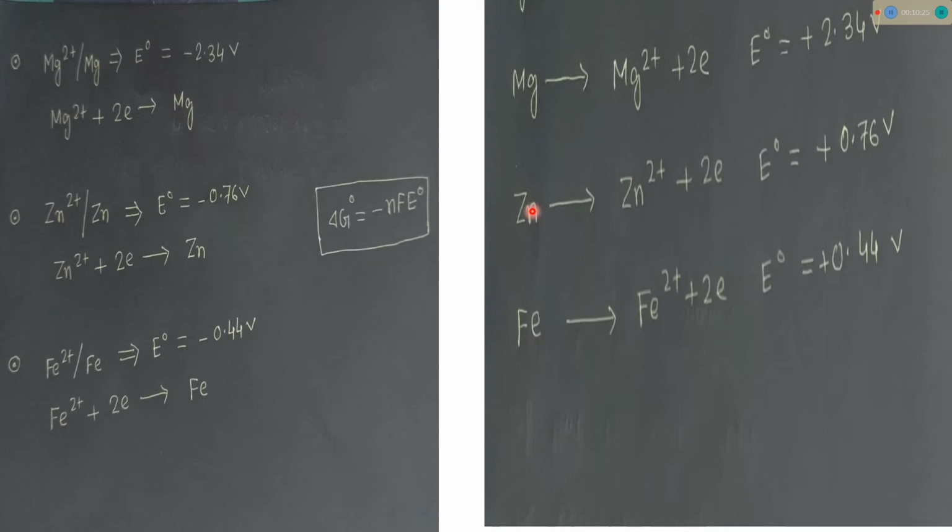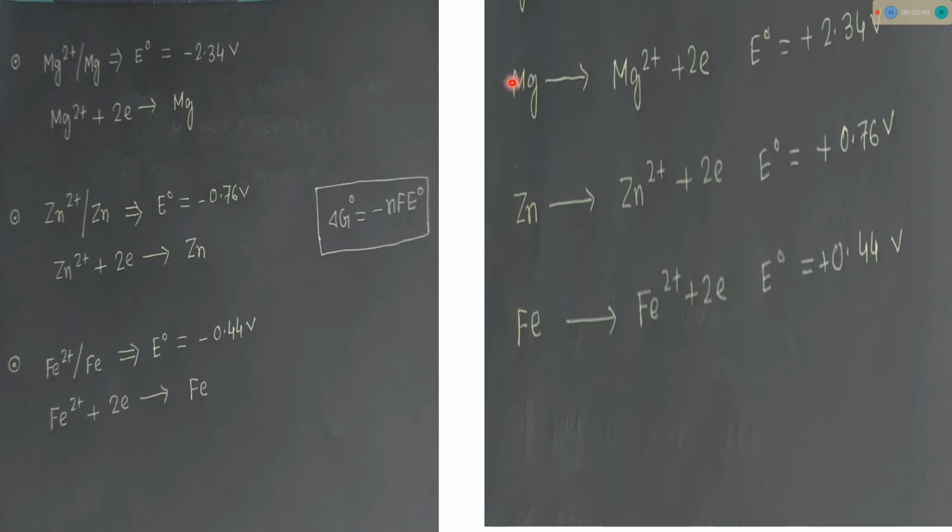Zn cannot reduce Mg2 plus to Mg, because when we couple these two systems, this reaction does not happen. Zinc to Zn2 plus, and the electron taken up by magnesium 2 plus, converting to neutral magnesium, cannot happen.